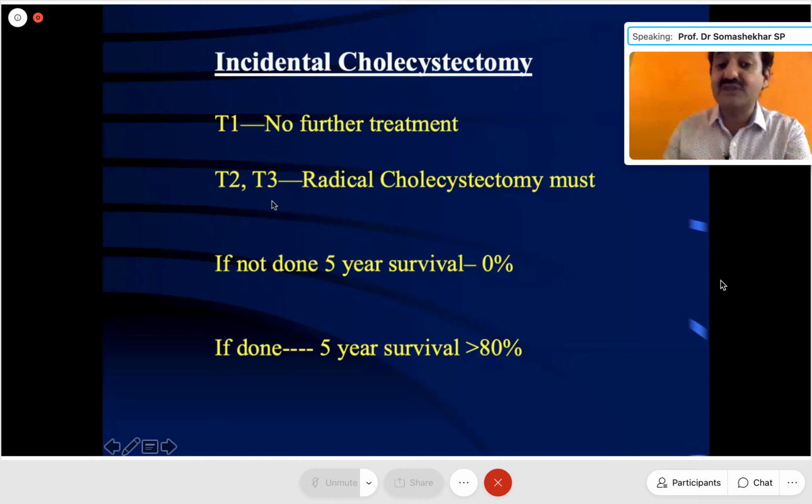If it is T2, T3, patient needs to go back to do radical cholecystectomy, hepatoduodenal lymphadenectomy, segment 4A, 4B, bisegmentectomy, wedge of the liver should be removed. If it is T2, T3, if you don't do repeat surgery, then 5-year survival is 0%. If you do a repeat surgery because you stage the disease well, 5-year survival is 80% in T2. So you know the importance of staging now.